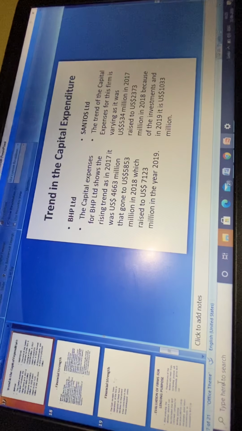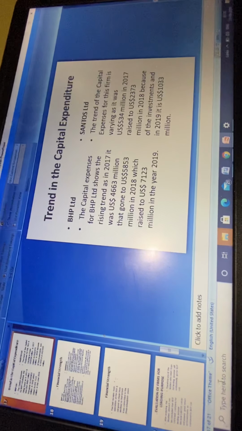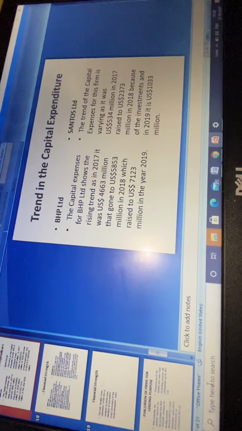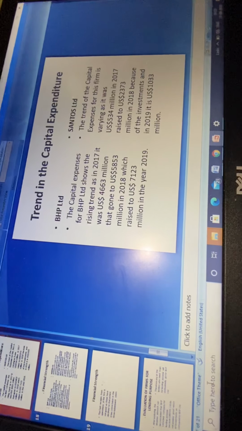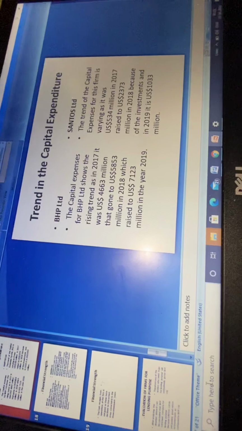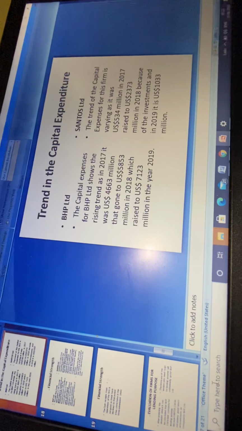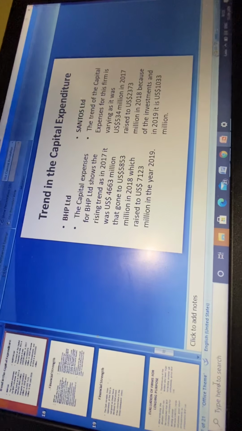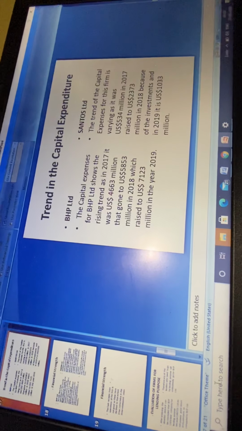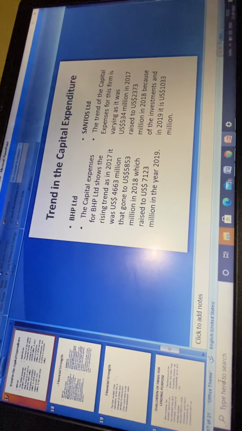What was the trend of capital expenditure in BHP Limited? The capital expenses for BHP Limited show a rising trend: in 2017 it was US$4663 million, which went to US$5853 million in 2018, and also rose to US$7123 million in 2019.